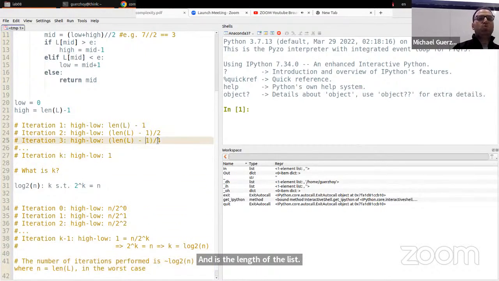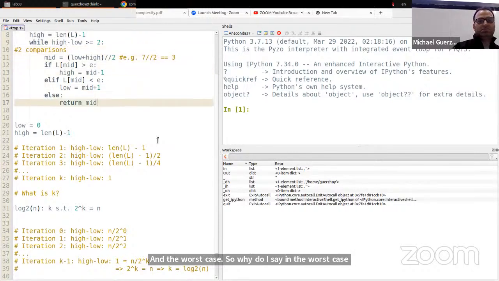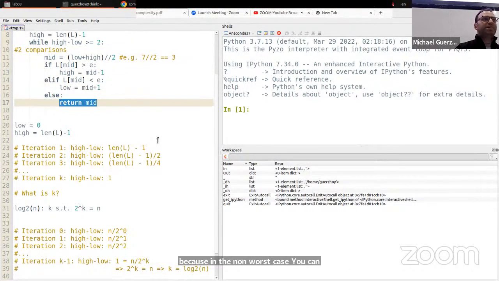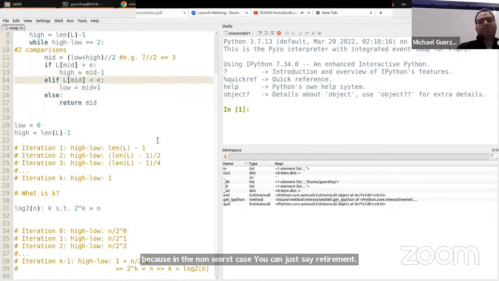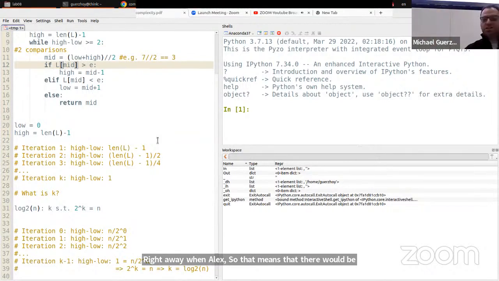Why do I say in the worst case? Because in the non-worst case, you can just return mid right away when L at mid is equal to E. That means there would be fewer iterations than that.